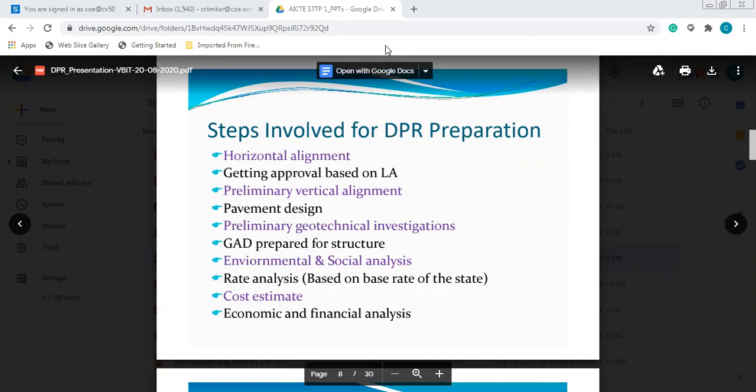Then environmental and social analysis, rate analysis based on the base rate of the state. Okay, that we can do by using SSR. Cost distribution, economic and financial analysis. Okay, so in the DPR you have to focus on these parameters. We'll discuss this in detail when we get some extra time.